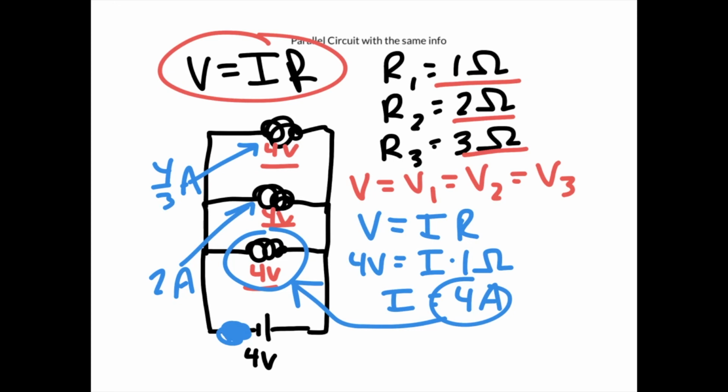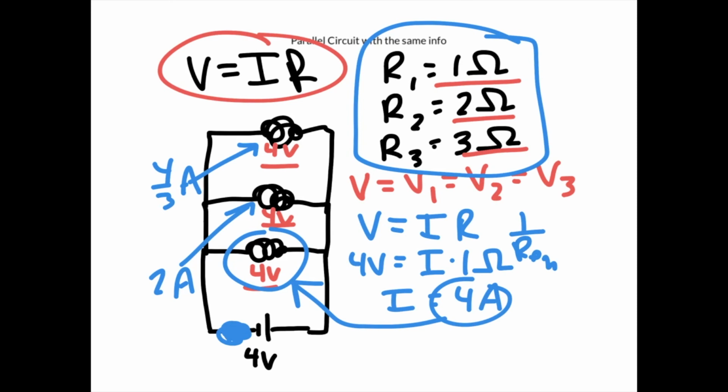If you go through and find the total resistance immediately from these values, and you do 1 over the equivalent resistance equals 1 over resistor 1 plus 1 over resistor 2 plus 1 over resistor 3, you notice that there's a lot of fractions involved to add together.